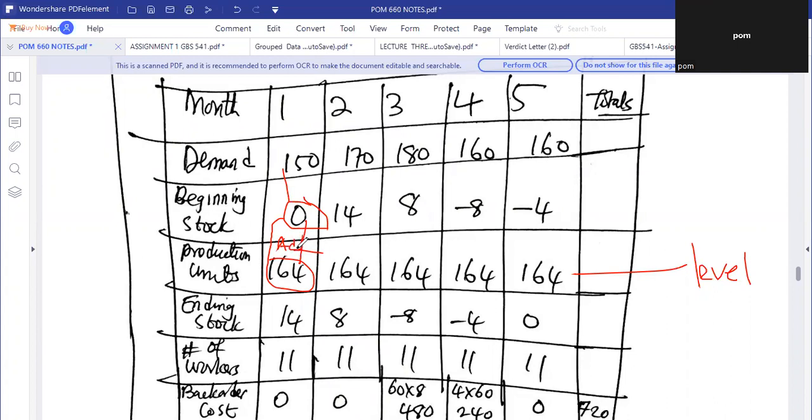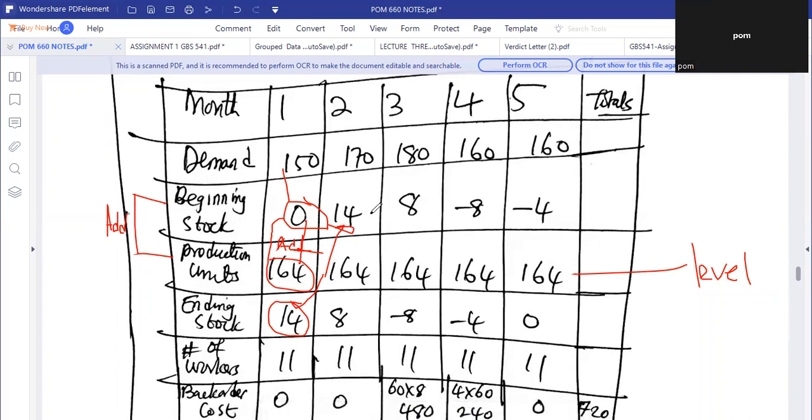Then you subtract the demand. So beginning stock plus production minus demand, then you're getting 14, because this is 164 minus the 150. This 14 is the ending stock, which will be the beginning stock for the next period.